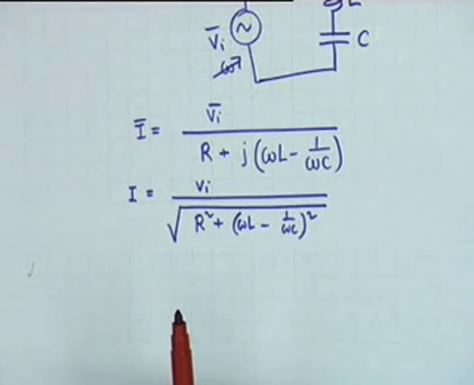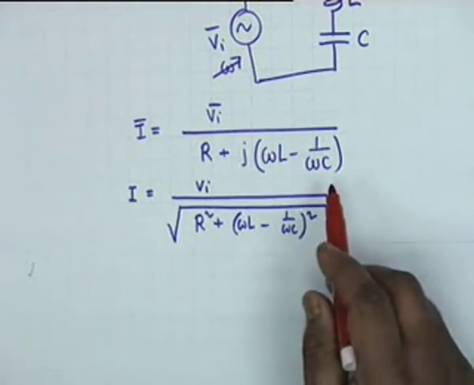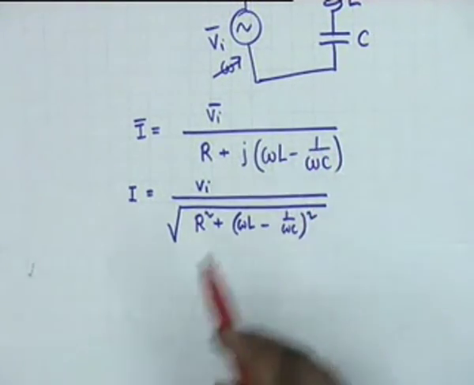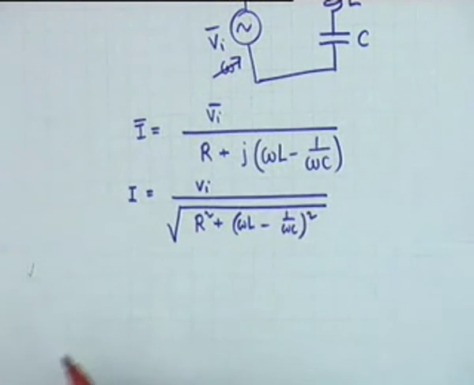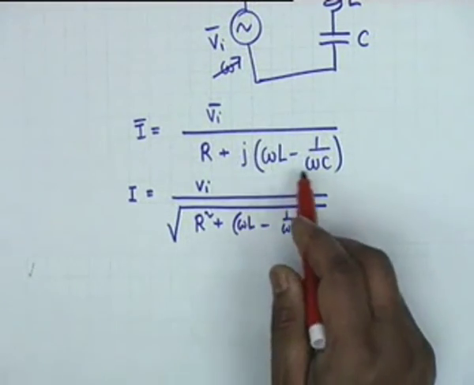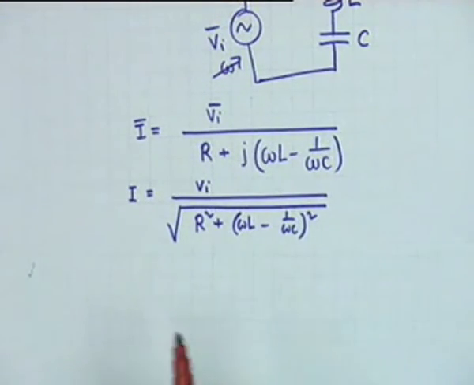Isn't that right? Angle of the current shall be negative, that is, the current shall lag the voltage. On the other hand, when 1 by omega C is greater than omega L, the angle of the current shall be positive, that is, the current shall lead the voltage. When these two are equal, then the current shall be in phase.